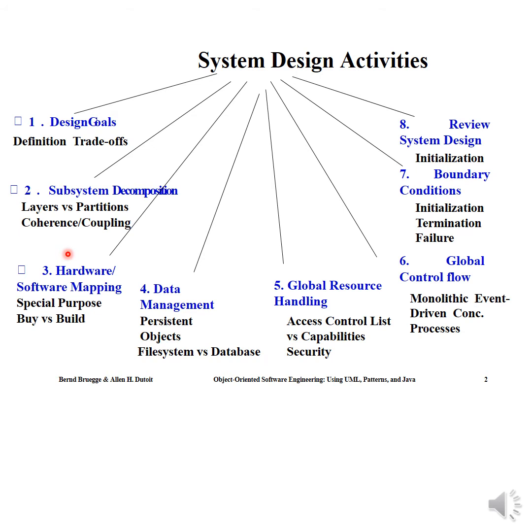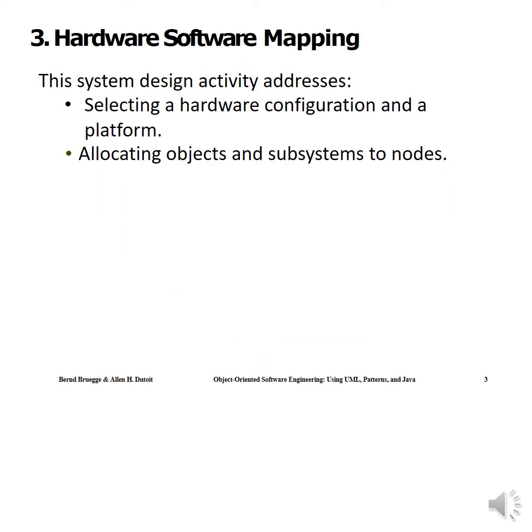So these activities involve hardware software mapping, data management, global resource handling, control flow, and software control and boundary conditions. So keeping in view the previous slide, we can say that the third activity is mapping subsystems to processors and components, or hardware software mapping.